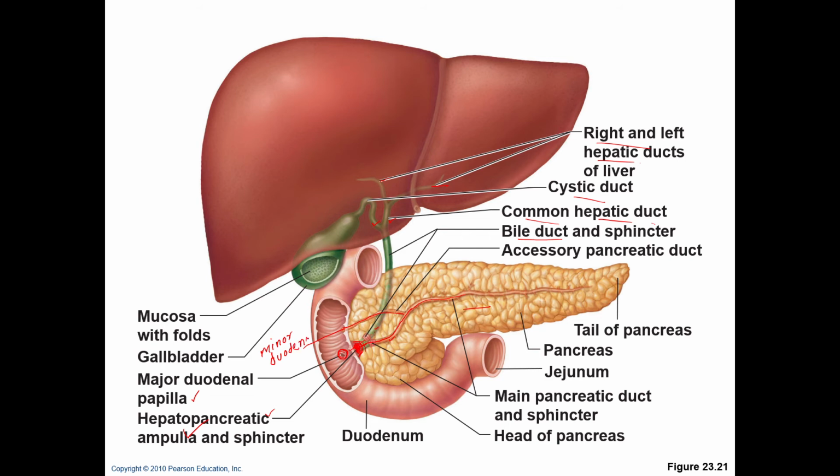So two duodenal papillae, one is this one, the major, and another is the smaller one, the minor. So that is how the bile arrives into the duodenum.